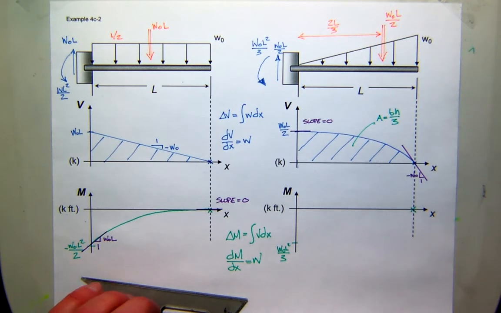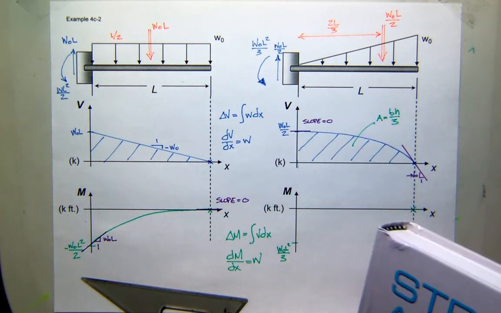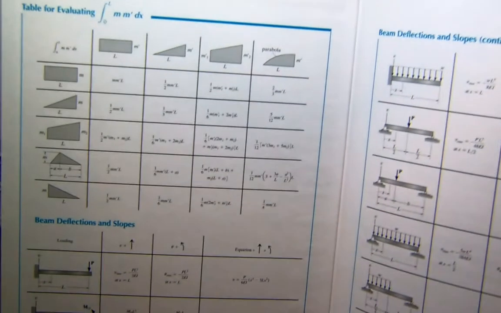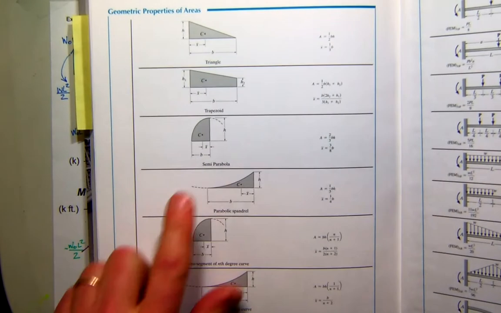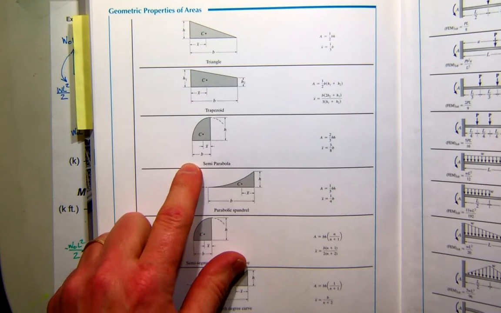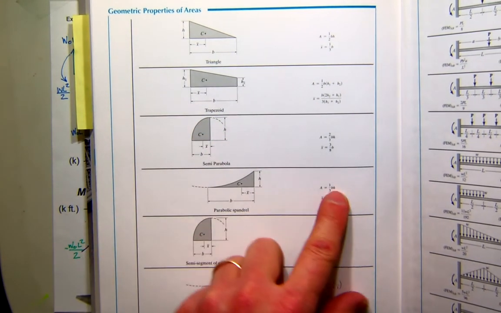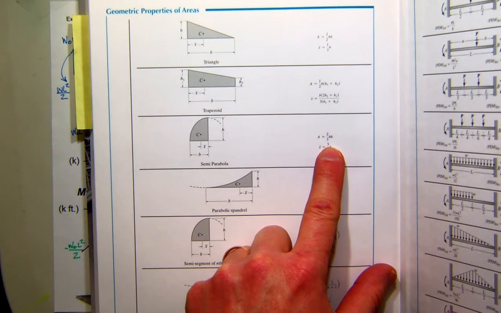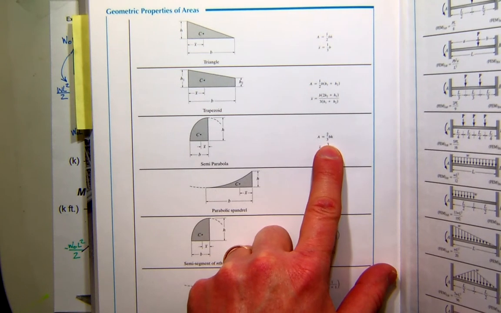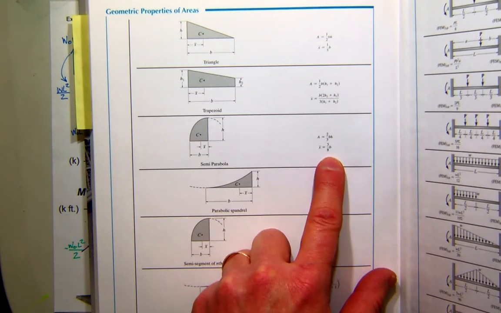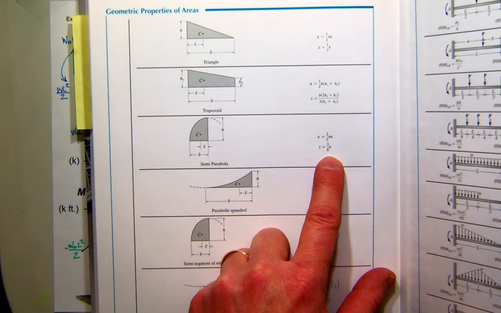And if you look in your book, this might help you in the dark of the night. Let's see if I can find it. I think it's in the back. So here is a semi-parabolic section. Notice it has a slope of 0, and it tells you the area is 2/3 base times height. I'm sorry, not 1/3. And it also tells you the centroid, but we don't really care about the centroid.